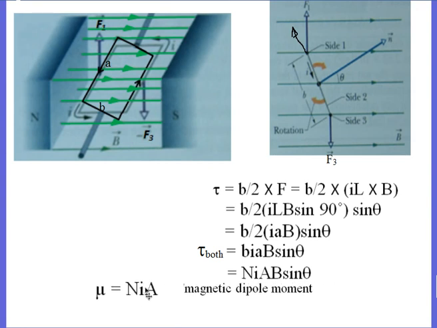That quantity we are going to call the magnetic dipole moment. This is a magnetic dipole, and this quantity here, number of loops times the current flowing times the area, is what we call the magnetic dipole moment. And there you've got mu without the naught.